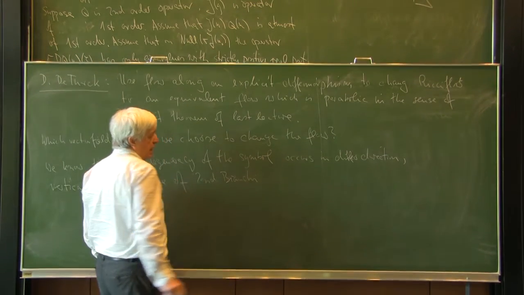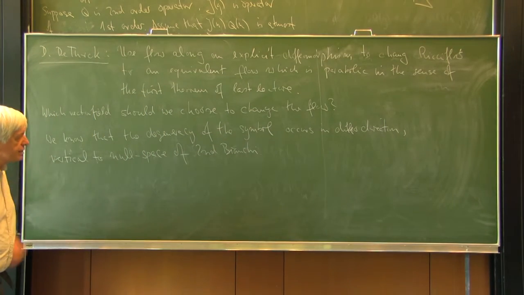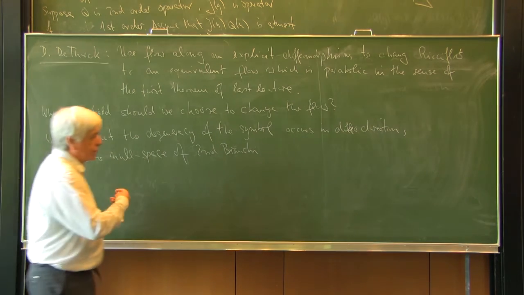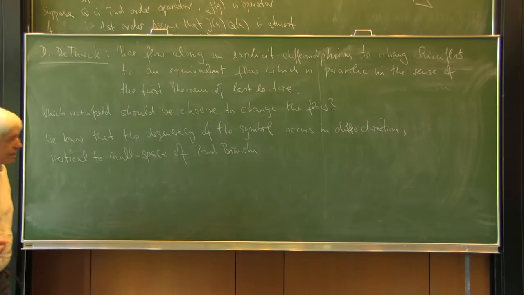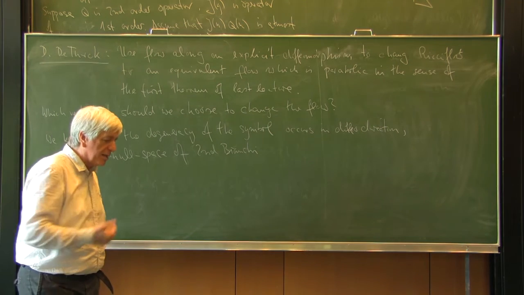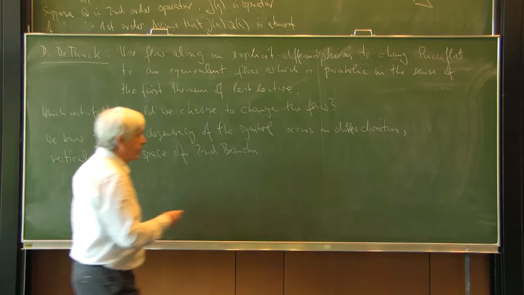So this suggests that we should take something which you get out of the second Bianchi operator, out of this operator J, then apply it to a suitable variation.